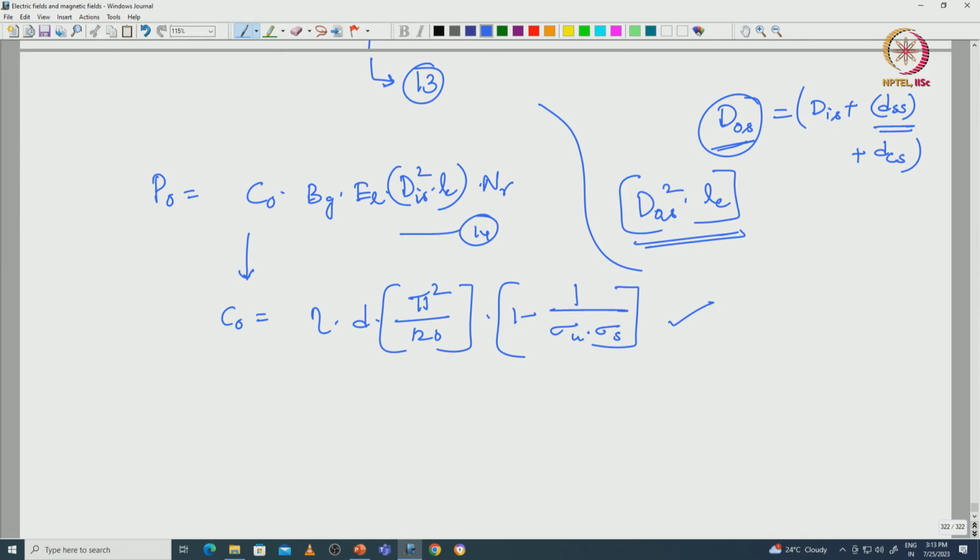From equations 13 and 14 we can see that output power is directly proportional to the electric loading. But electric loading depends upon the iron losses, winding type, type of coolant, saturation effects, and so on.